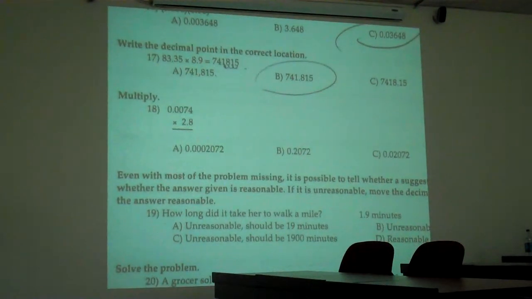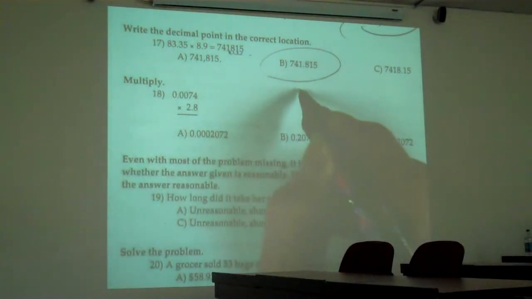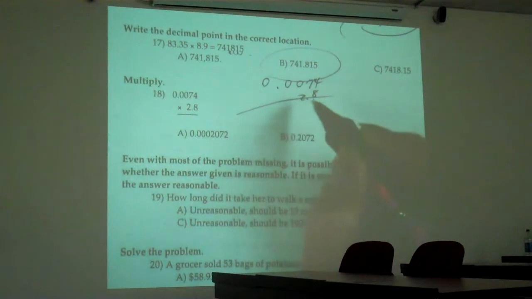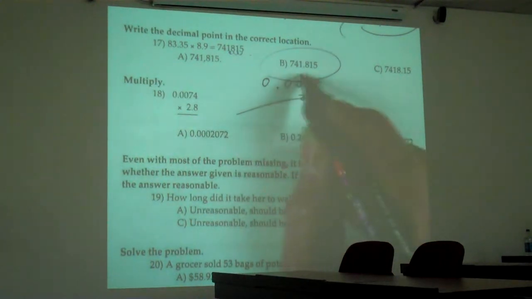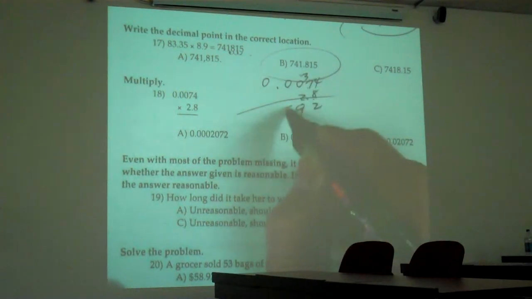Okay, 0074 times 2.8. You'd actually have to do the multiplication. 2.8. 8 times 4, 32. 8 times 7, 56, 7, 8, 59.